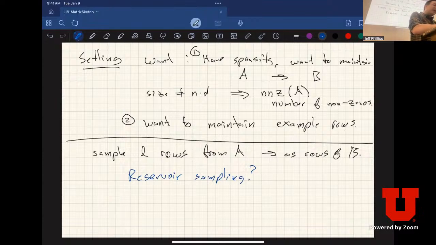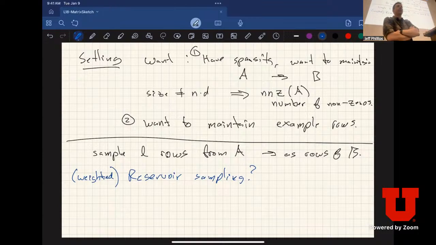Okay, so instead I need to do a weighted version of reservoir sampling. Okay, and this is a little bit trickier. I can do L independent weighted reservoir samples where I maintain a sample of size 1, but maintaining L things in a joint distribution with weights is a little bit trickier. There are ways to do it, but I won't. Actually, I think they're described in the textbook in some of the earlier chapters, but we won't talk about them today. They're pretty cool algorithms.